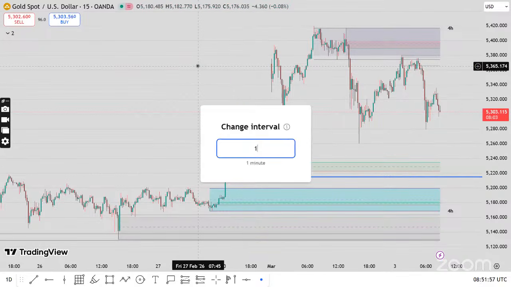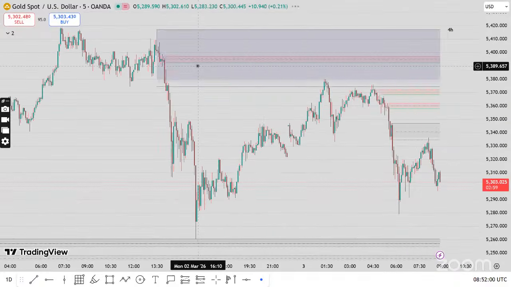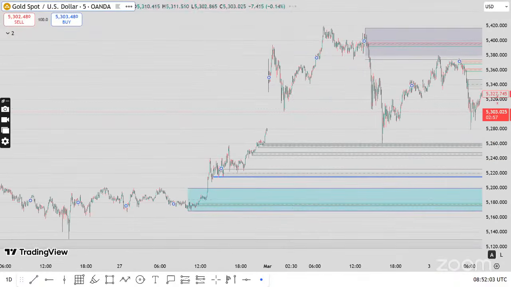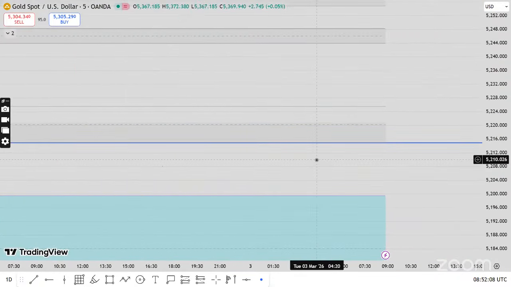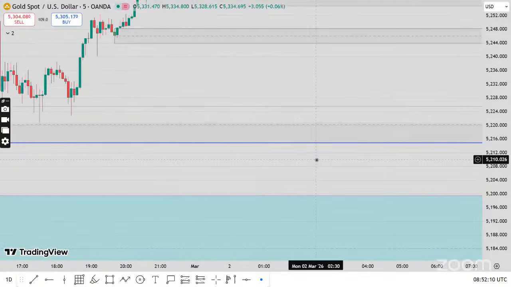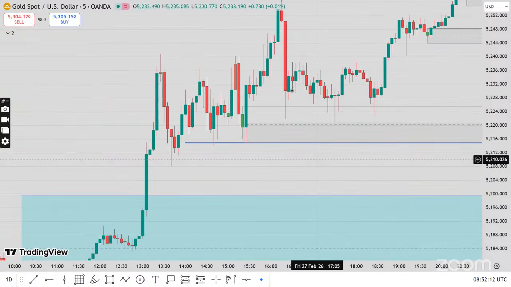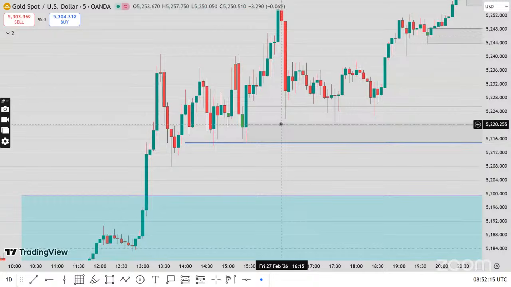If I go back to 5 minutes, you would also notice it is so obvious. It is more like an obvious support. It's just that looking at it on a 1 hour time frame, it is looking enclosed, clustered together.